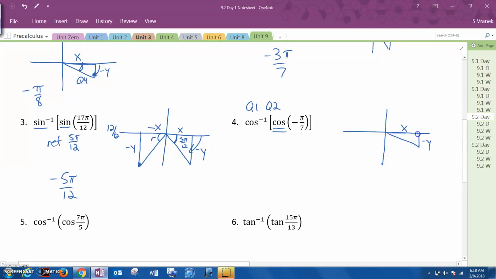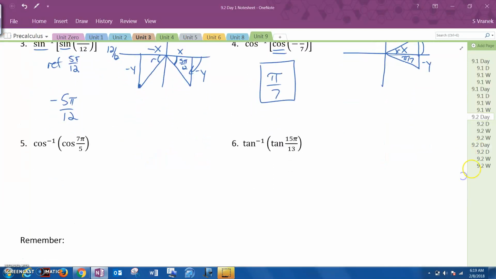Well, x is positive here, so cosine is also positive up in quadrant 1. So if my reference is pi over 7, this angle here has a reference of pi over 7 as well, and it has a positive x. So I want to be in quadrant 1 instead of 4. And if this is my reference, I'm moving in a positive angle direction, so my answer would just be pi over 7.